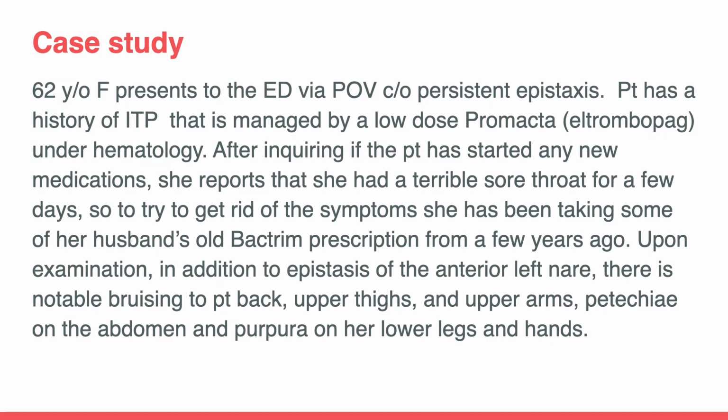And after inquiring if the patient has started any new meds to maybe cause this epistaxis, given her ITP history, she reports that she had a terrible sore throat and started taking her husband's old Bactrim prescription to try and get rid of the sore throat. And upon further examination, you notice she's got a lot of generalized bruising and diffuse petechia and purpura all over her body.